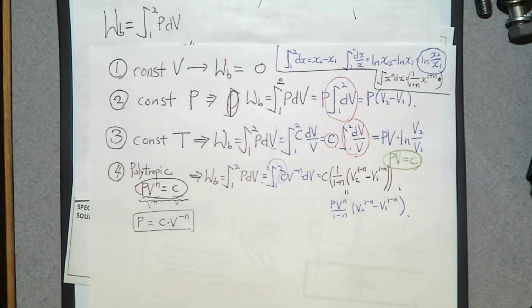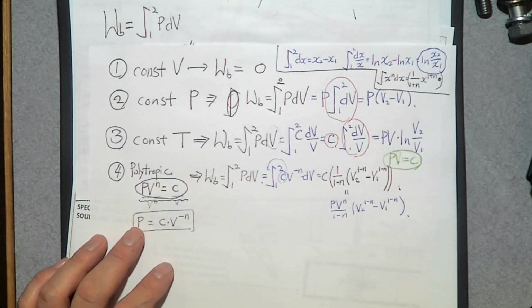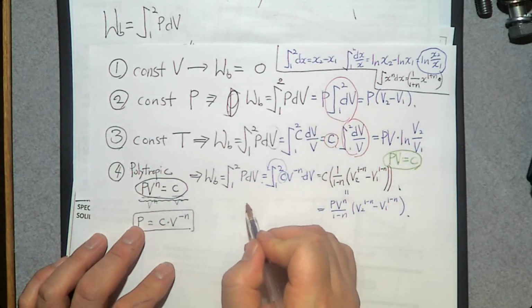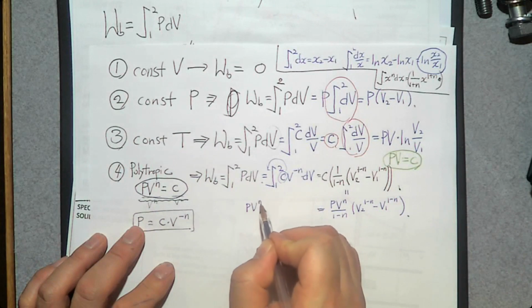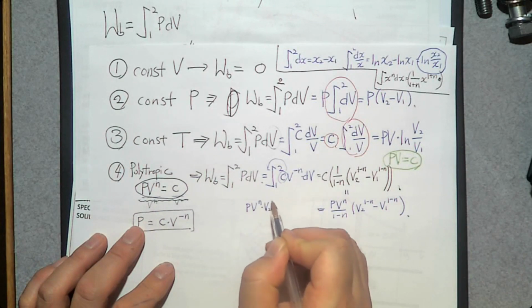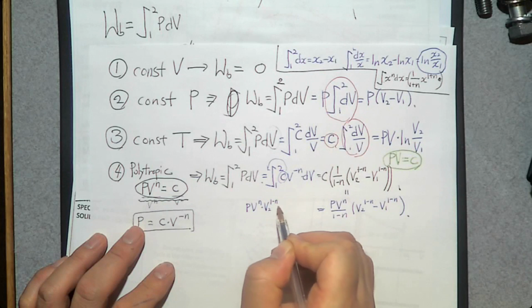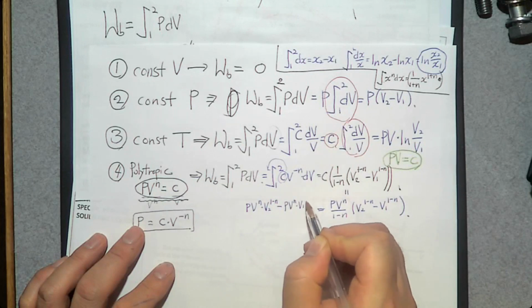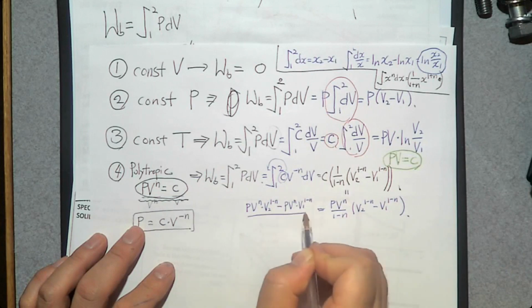Then this PV to the power n can be P1 V1 to the power n or P2 V2 to the power n. So let's go to the left-hand side. It's going to be PV to the power n times V2 to the power 1 minus n, minus PV to the power n times V1 to the power 1 minus n, divided by 1 minus n.